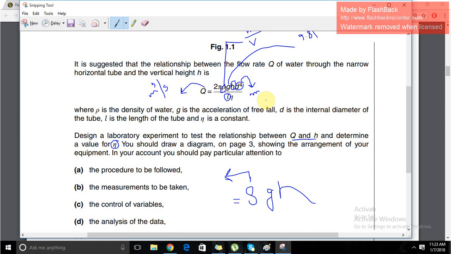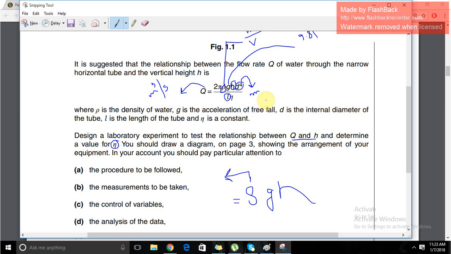The length and the diameter of the narrow tube need to be kept constant. And the procedure, we need to know the value of the density of water, so we should weigh out a given amount of water and subsequently measure out its volume.